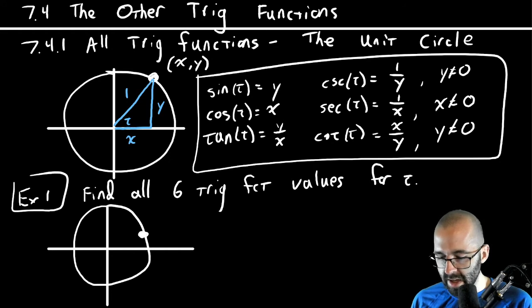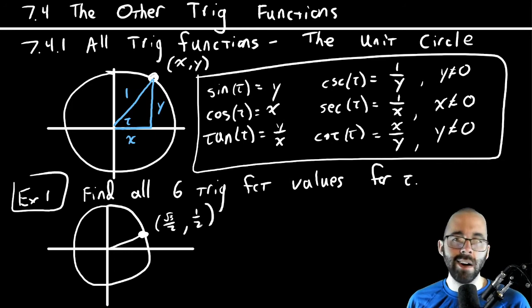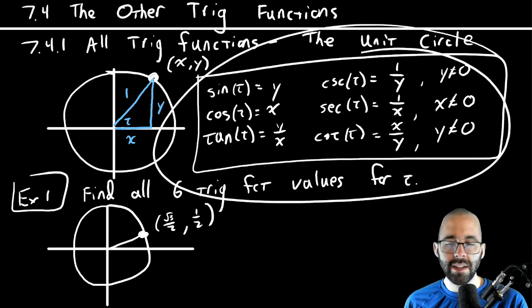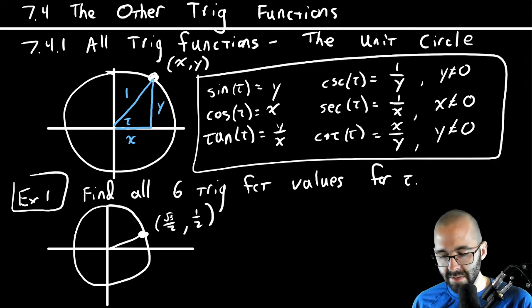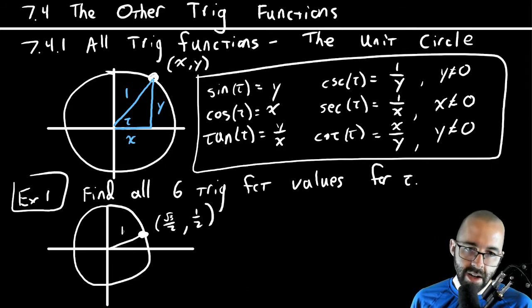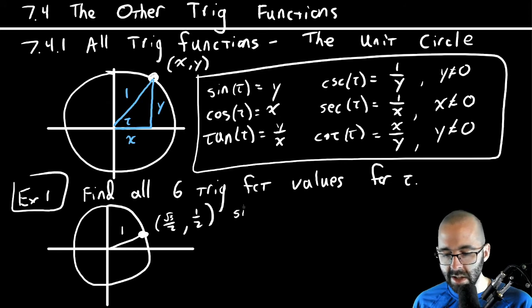Maybe it's this point right here. And this is the point, root 3 over 2, comma 1/2. All we have to do is just go back to here. Sine is y, because we're on the unit circle. Cosine's x, because we're on the unit circle. So it's just writing a lot of things down.